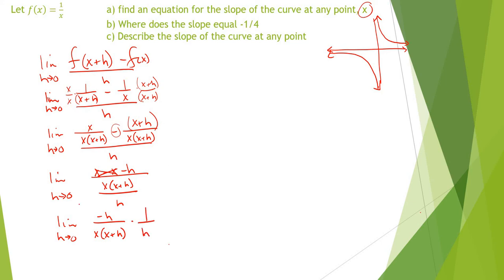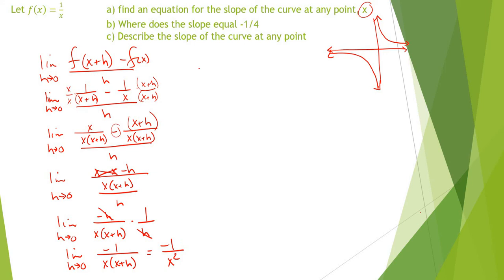Notice all of these steps, if I tried to plug in my 0, I would still have 0 over 0. Here's what happens though. Now I can cancel. Now I can take the limit as h approaches 0 of negative 1 over x times x plus h. Now if I plug in my 0, I get negative 1 over x squared.